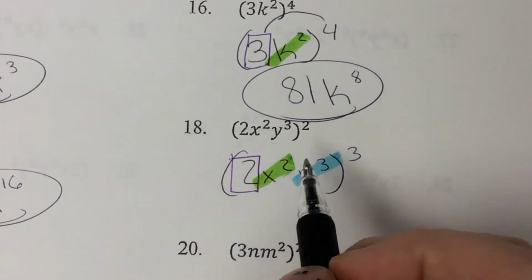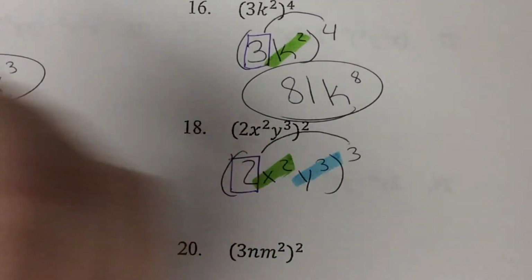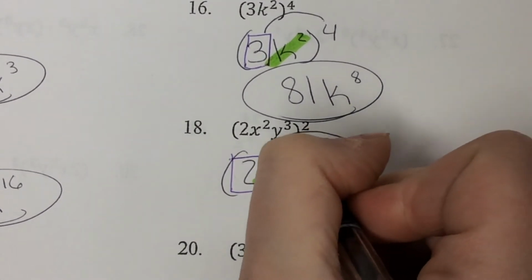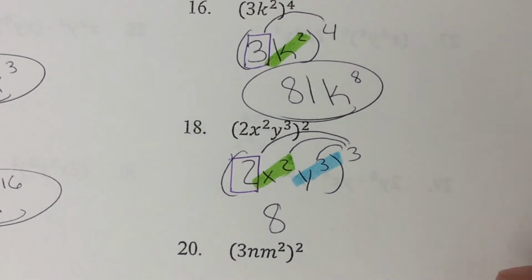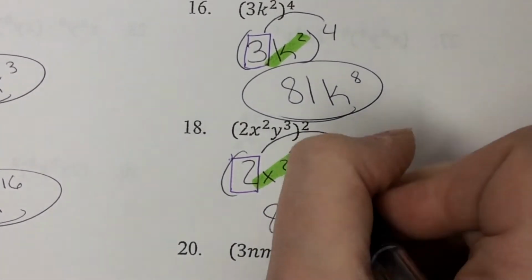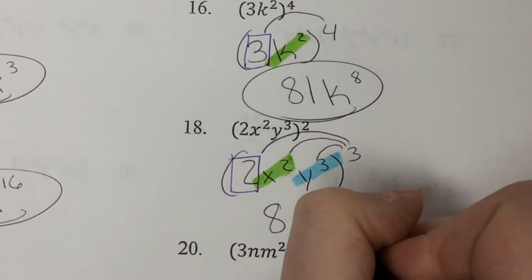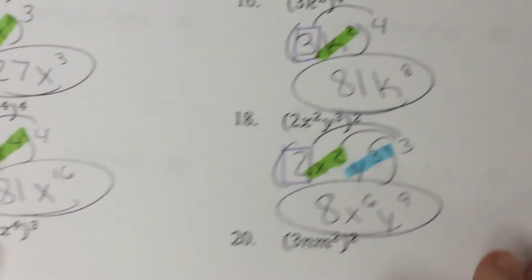We still have to do that, but this time we're doing it to 3 different parts instead of 2. So 2 cubed is going to give us 8, and then we have to distribute the cubed to this part and to this part. So you're just going to be multiplying exponents twice. We have x, we have 2 times 3, so x to the 6th, and 3 times 3, y to the 9th. Not too different, right?